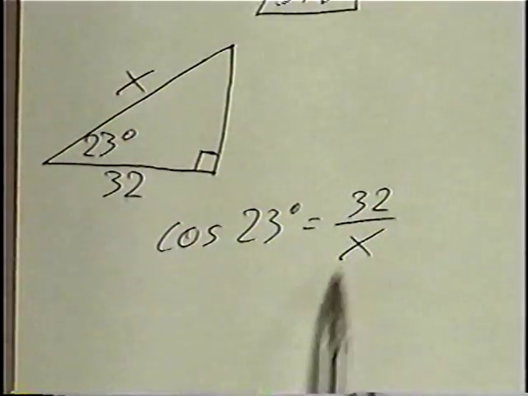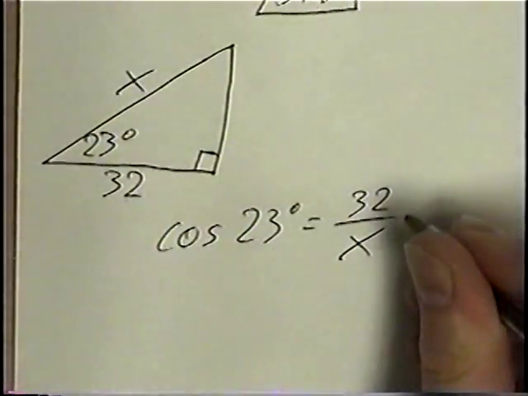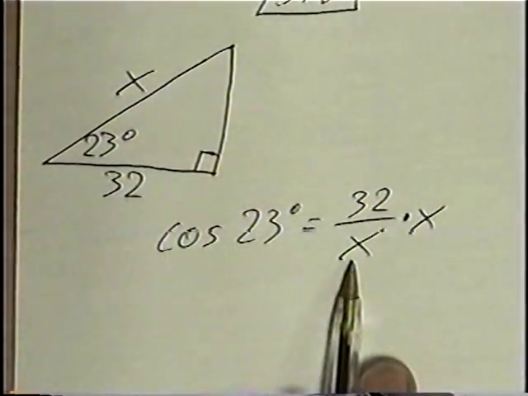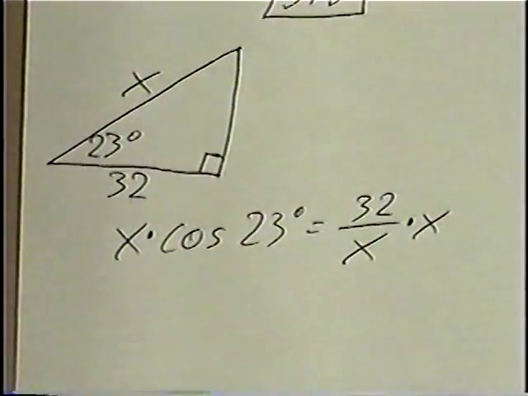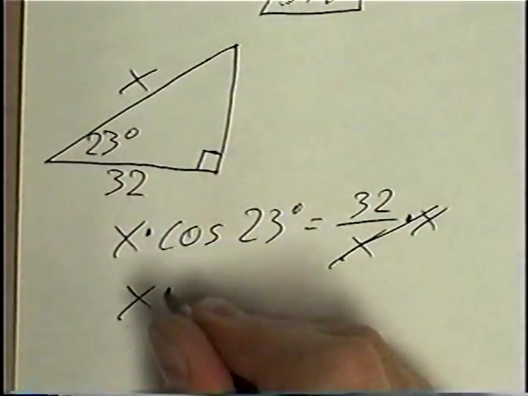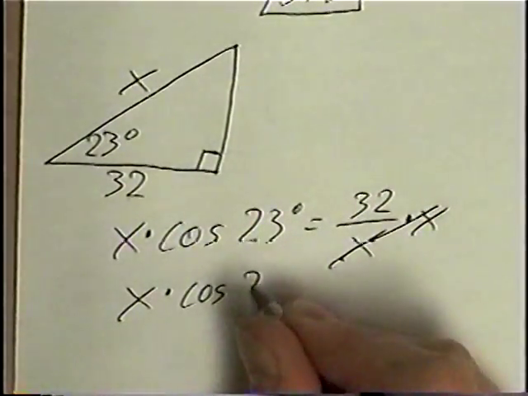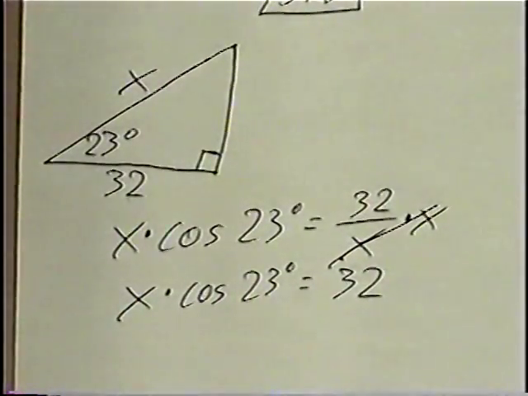To solve for x, or isolate x when it's in the denominator, one way to do so is to multiply by x to cancel out the denominator, and multiply the opposite side by x also. So rewriting the equation, we have x times the cosine of 23 degrees is equal to 32.